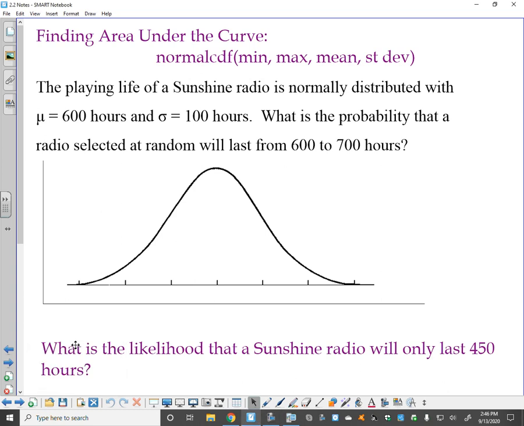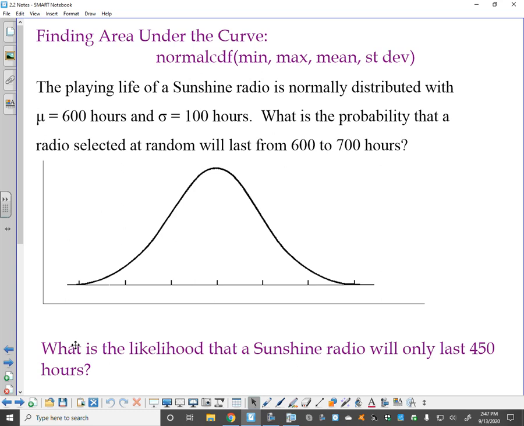All right, so this lesson is going to pick back up where we left off in the middle of 2.2 notes. What you've done so far is understand a normal distribution: single peaked, roughly symmetrical. The mean is in the middle of the peak.